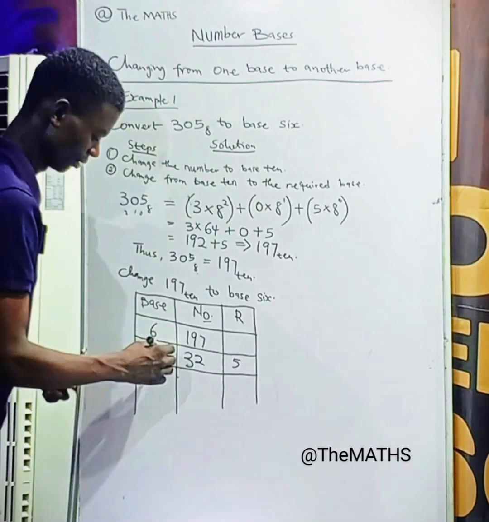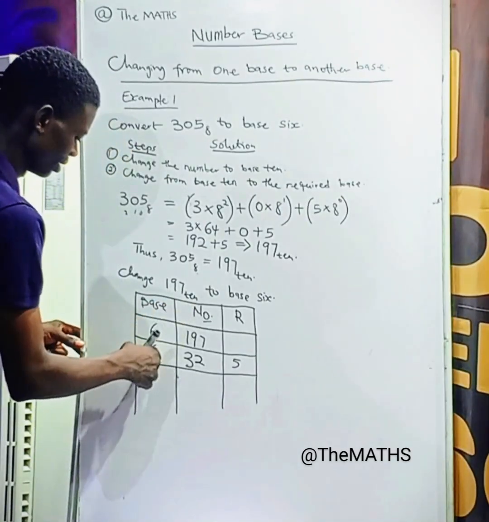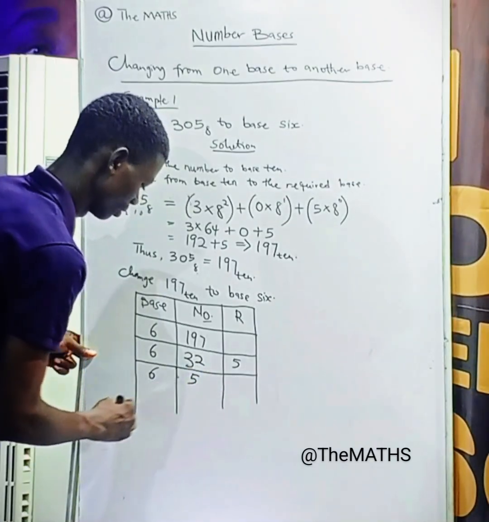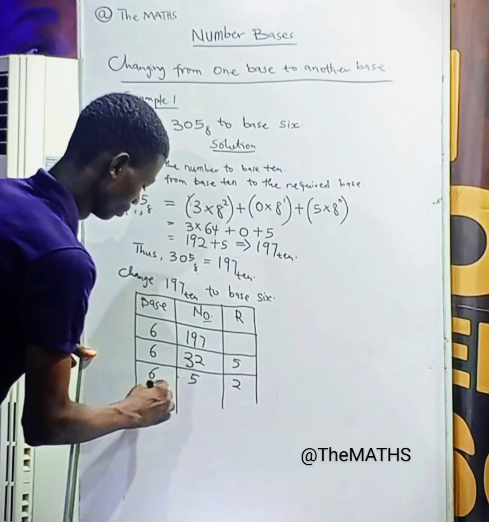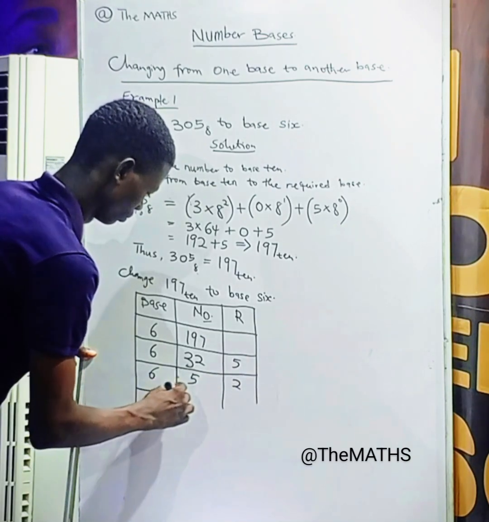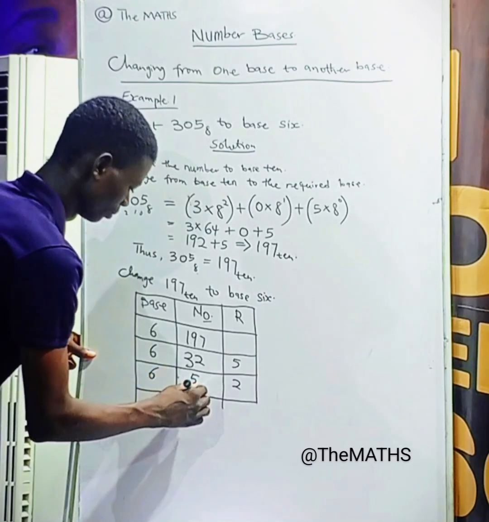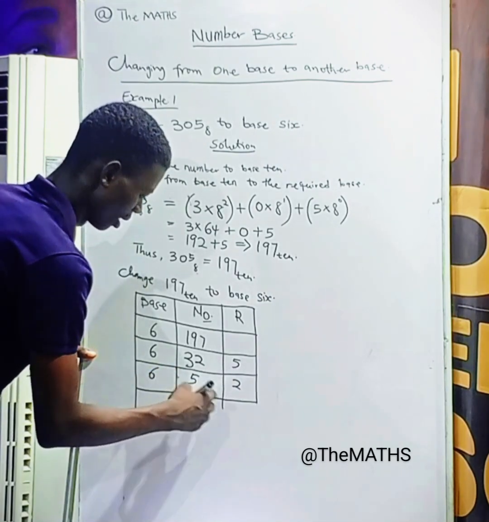And the base 6 will go into 32 5 times, remainder 2. 6 cannot go into 5, so 0, remainder 5.